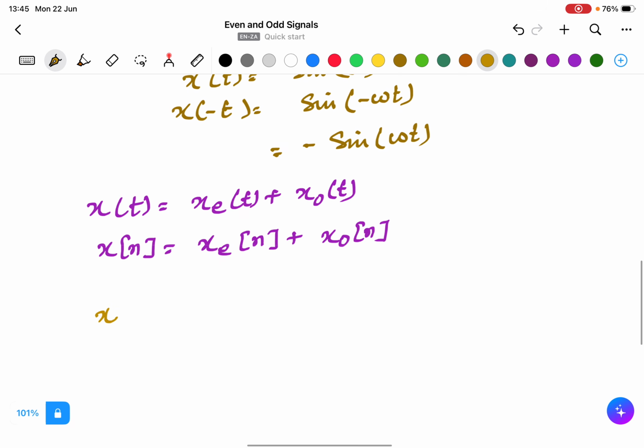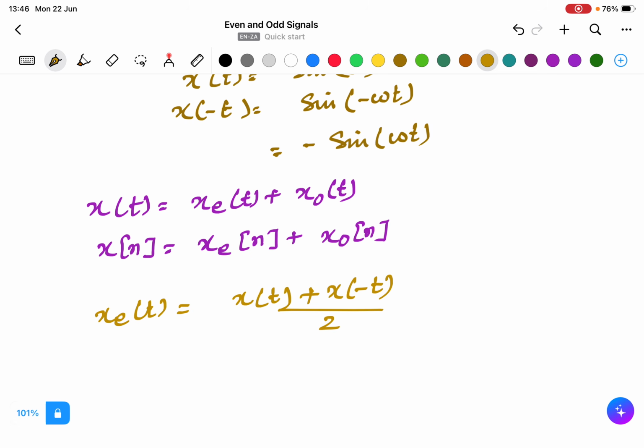So to find the even part, x even of a signal will be equal to x of t plus x of minus t divided by 2, and x odd will be equal to x of t minus x of minus t divided by 2.